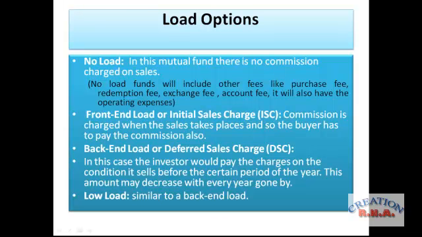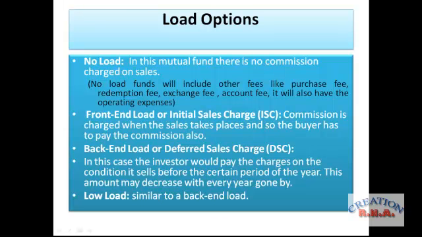Then there is a back end load, or the deferred sales charge. In this case, the investor would pay the charges on the condition that they sell before a certain period of time. This amount may decrease with every year gone by. What it means is that whenever you sell the mutual fund, you may have to pay certain charges to the broker, on the condition that you sell it within a certain period of time.